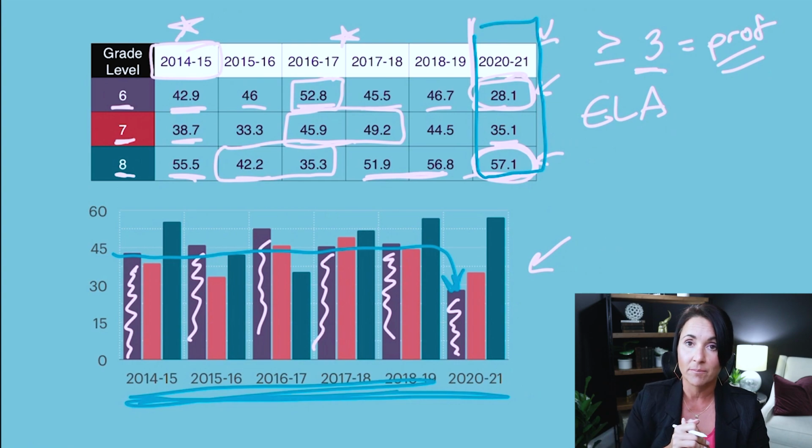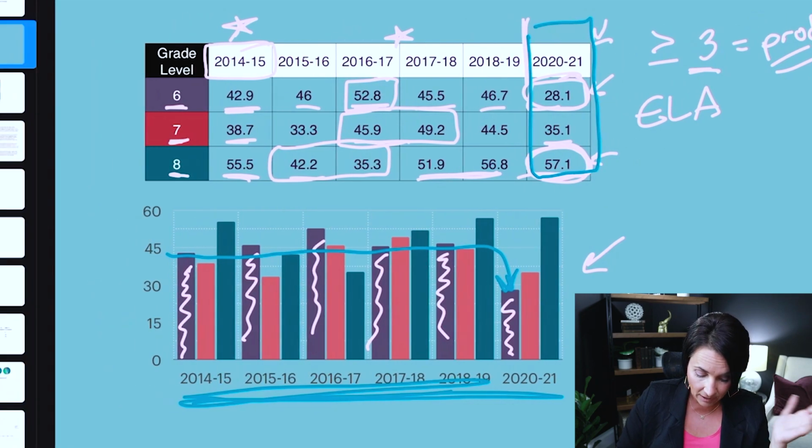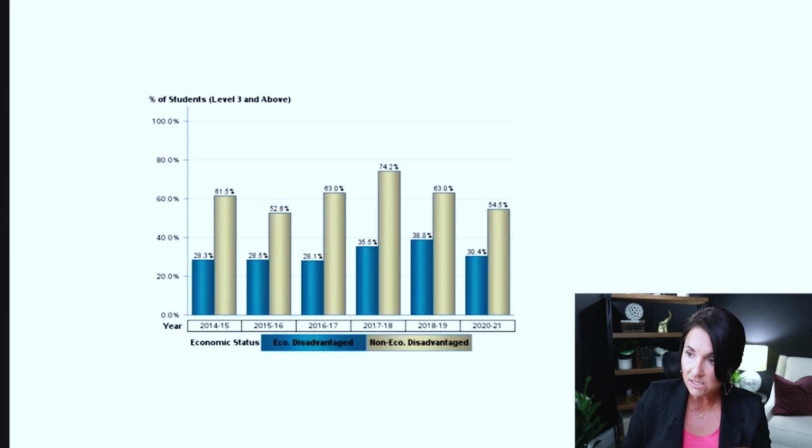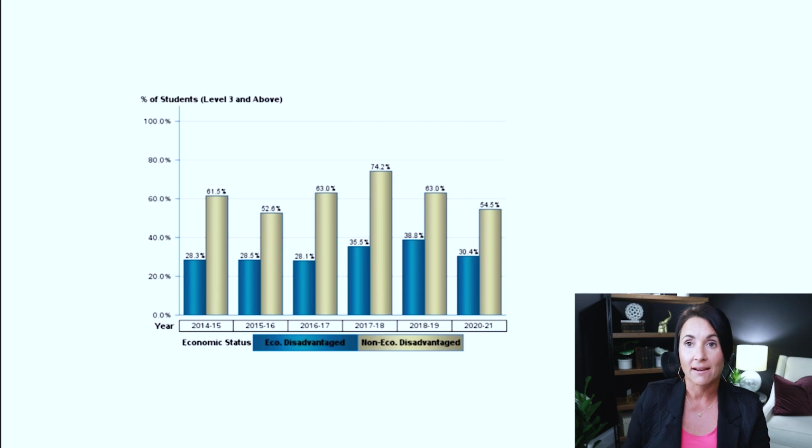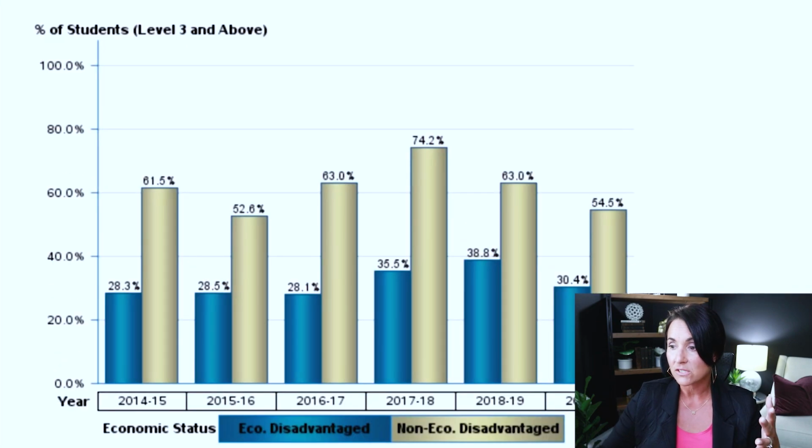We didn't even disaggregate based on subgroup here. We just know that the 6th grade did get lower. Now, you might get more data, something like this, where you get disaggregated data, and I'm going to use this in another presentation, but you can see that we have economically disadvantaged students versus non-economically disadvantaged students. These are subgroups, right? So now we're digging down into the data.